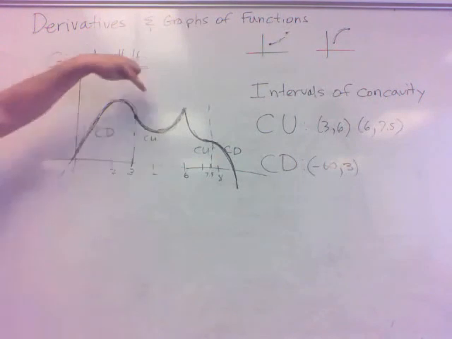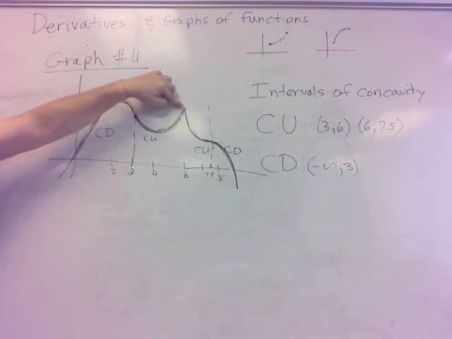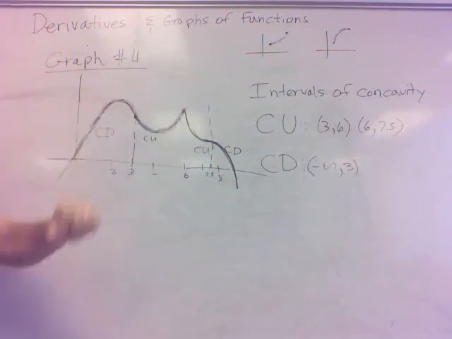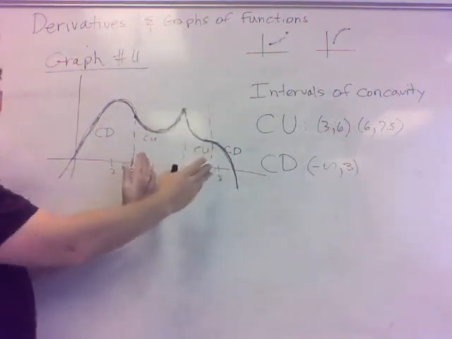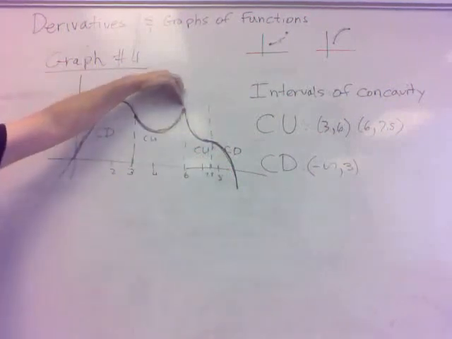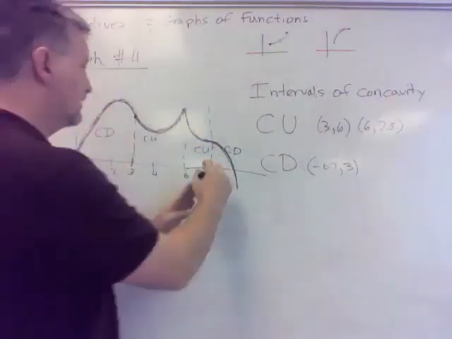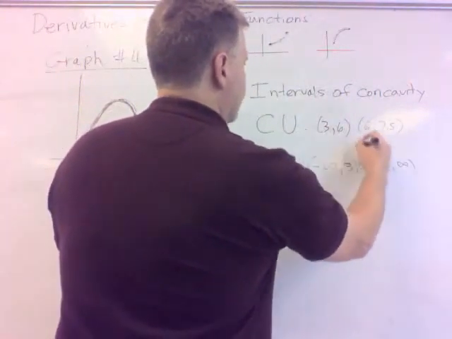I know the first derivative doesn't exist here. Why? There's a point. And so if the first derivative doesn't exist, does the second derivative exist? No, it'd be hard to do a second derivative if your first derivative does not exist. So, yeah, you kind of need to break it. Even though we don't change the concavity, there is a break, because it's not concave up or it's not concave down at that point. And then concave down from 7.5 to infinity. So anyway, okay?